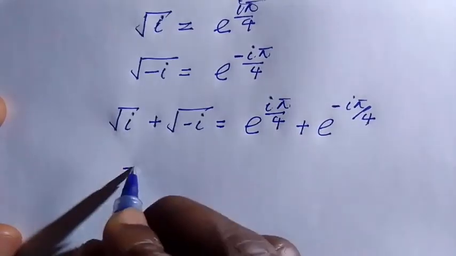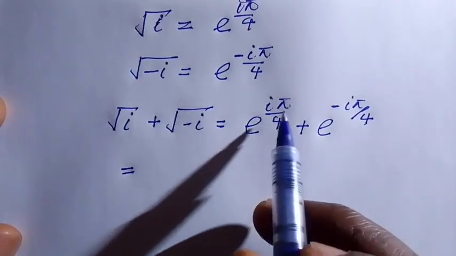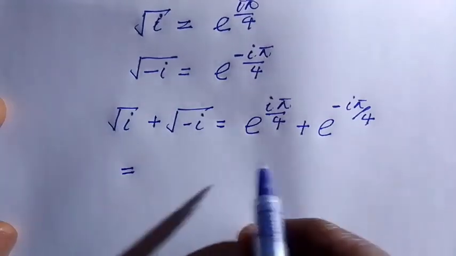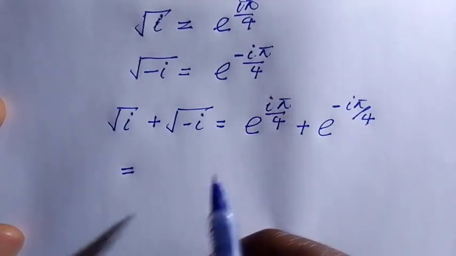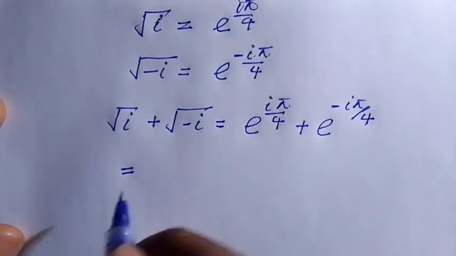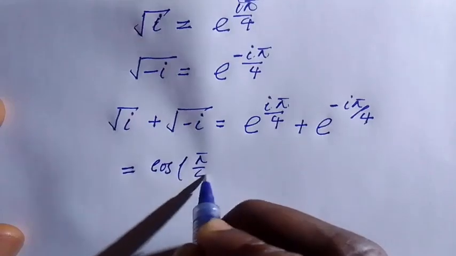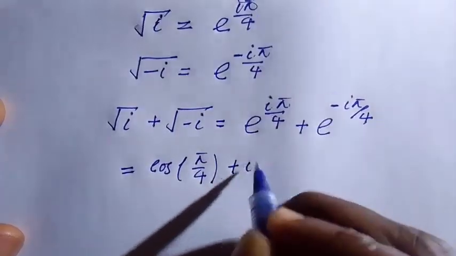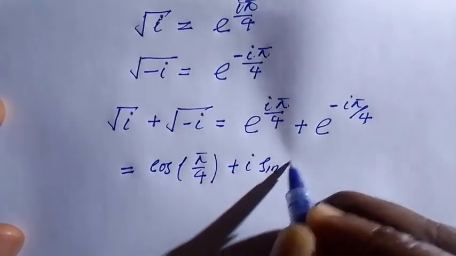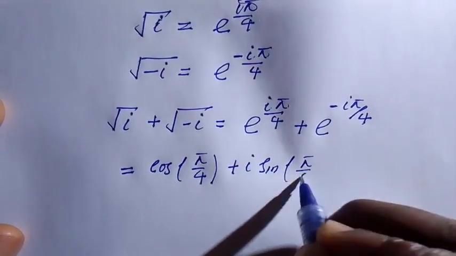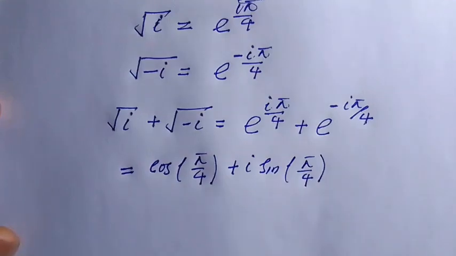And for every e to the power of i pi divided by 4, when we consider de Moivre's theorem, we write it as cos of pi divided by 4 plus i sine pi divided by 4.